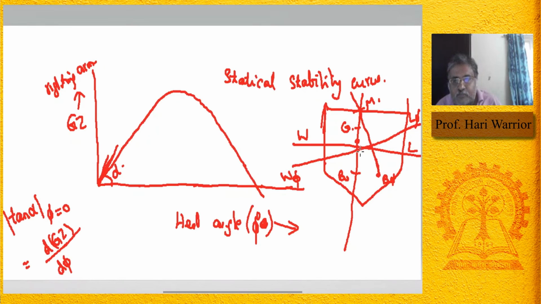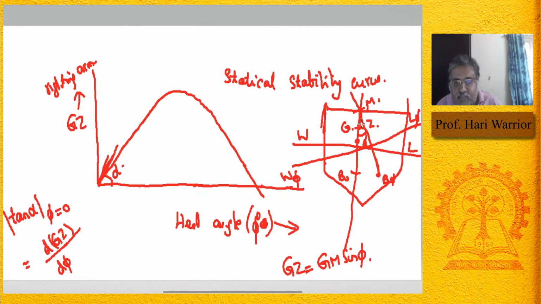From G, if I draw a perpendicular, this is Z. Now this is GM. As you know, this angle is phi. So GZ is equal to GM sine phi. Just look at this.